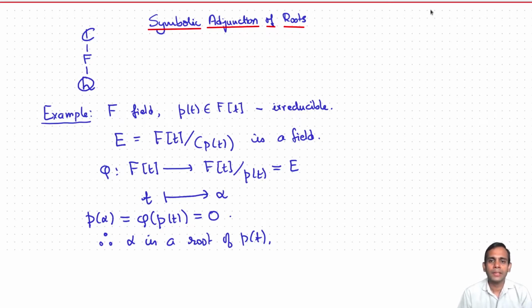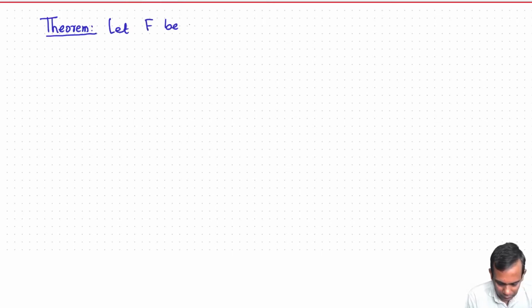This kind of construction can be carried out in a much more general setting, and this is going to be the main theorem of this lecture, which I shall now state. The theorem is that suppose you have a field F and let p(t) be any polynomial in F[t].